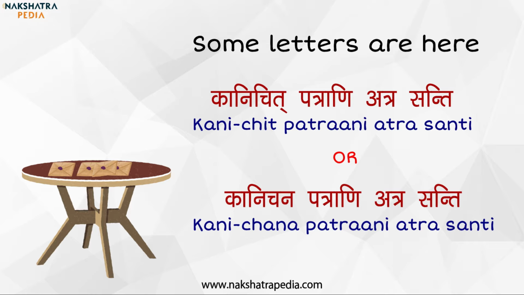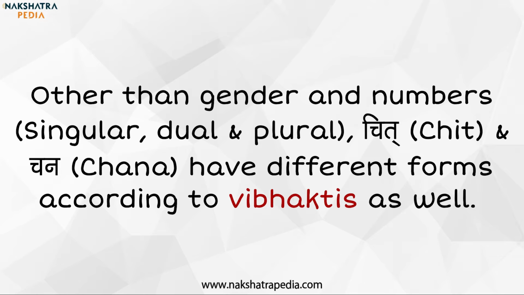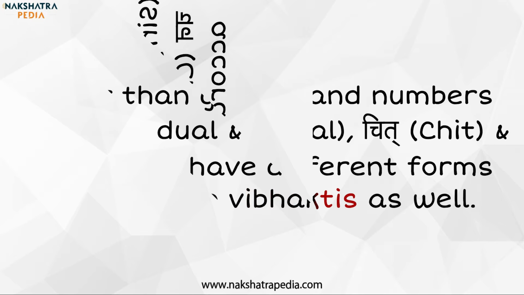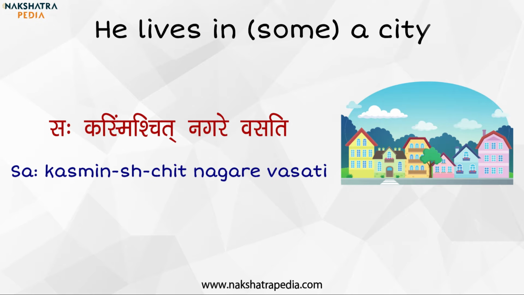So this is how Chit and Chana have different forms according to gender and number, that is singular, dual or plural. Not only these, but they also have different forms according to vibhaktis. Let us take an example. Saha kasminshchit nagare vasati, that is, he lives in a city.